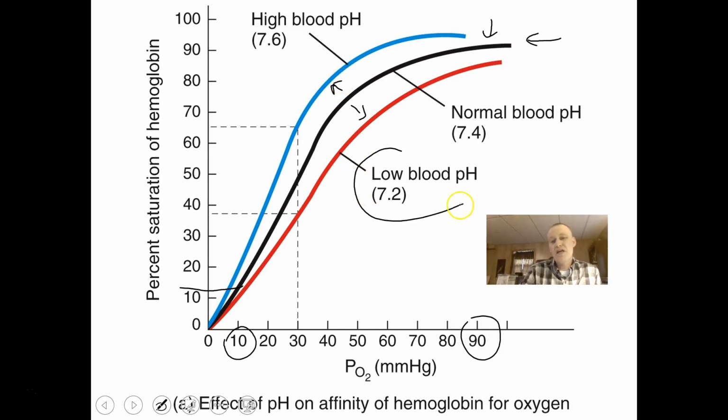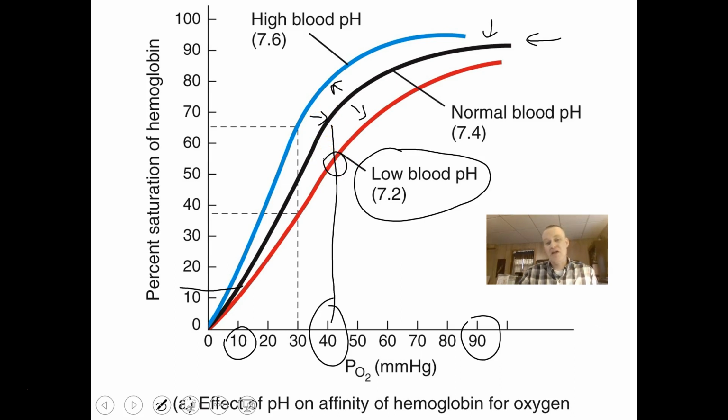At low pHs, that is when you have muscle tissue that's working really hard and is creating acids that it's releasing into the bloodstream, reducing the pH, oxygen has less affinity for the hemoglobin molecule. Another way of thinking about that is that at this partial pressure, the hemoglobin molecule has more oxygen sitting on it than at this place right here at a low blood pH.